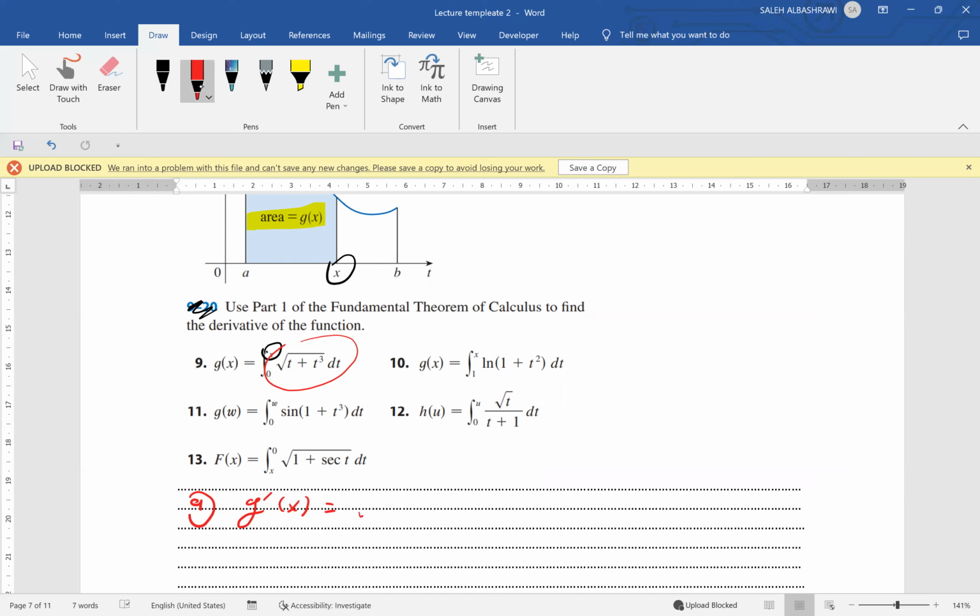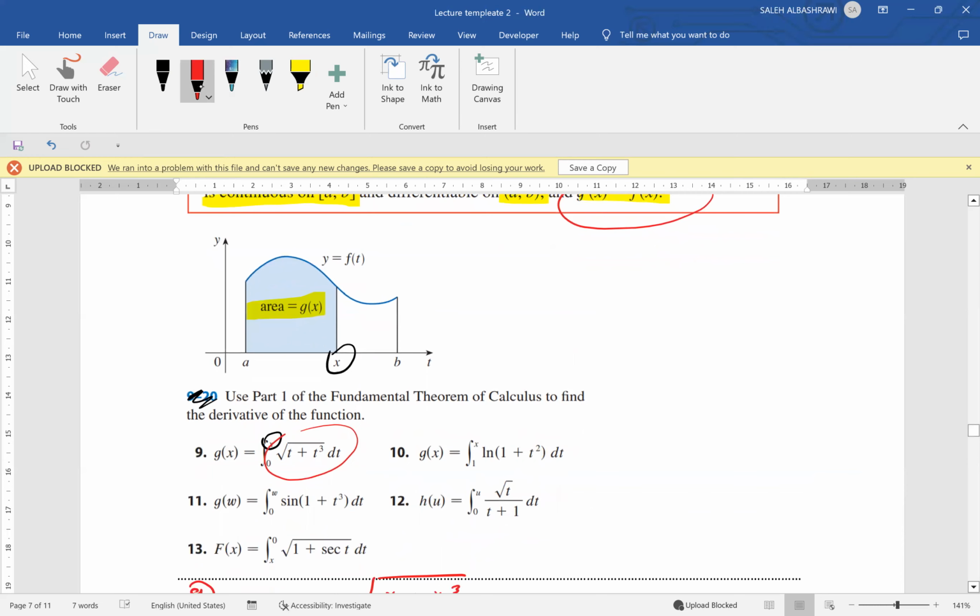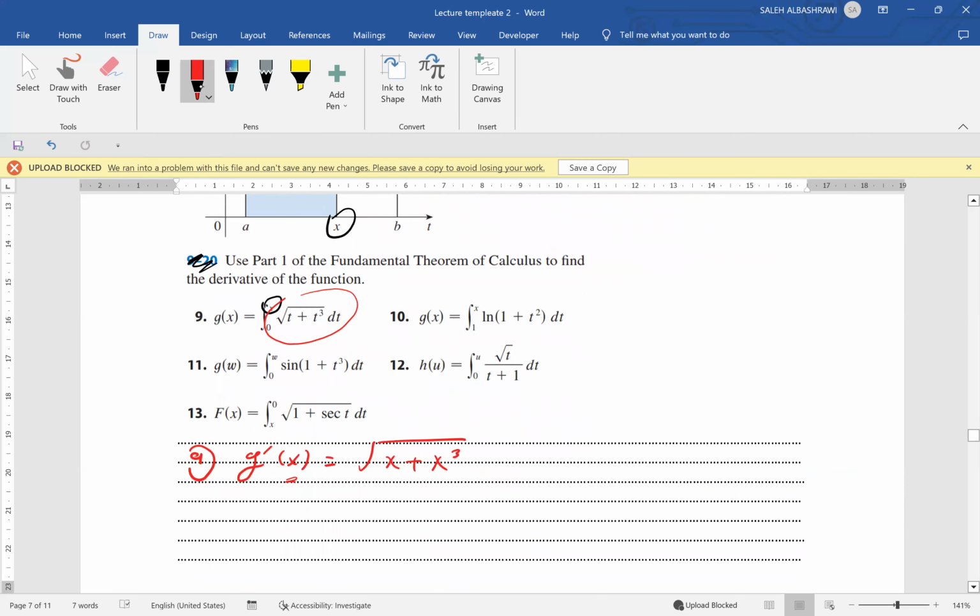So it is equal to square root of x plus x to the power 3, because I'm using x instead of t. From the fundamental theorem, part 1, we say that the derivative of the function equals the function itself. The derivative of g is equal to f of x. Let's just remove the integration sign and replace the variable t by x.